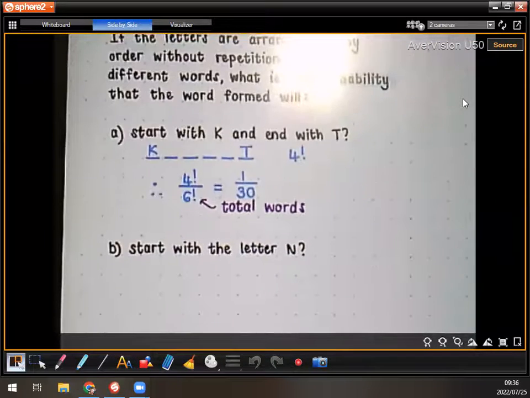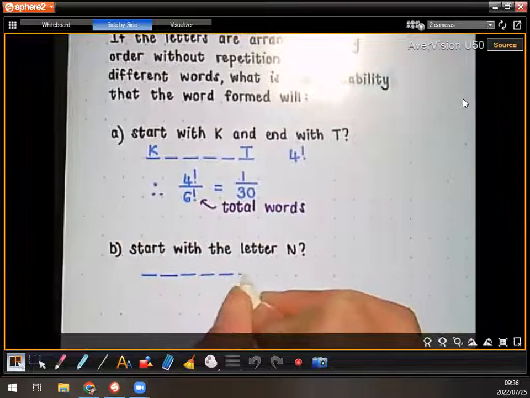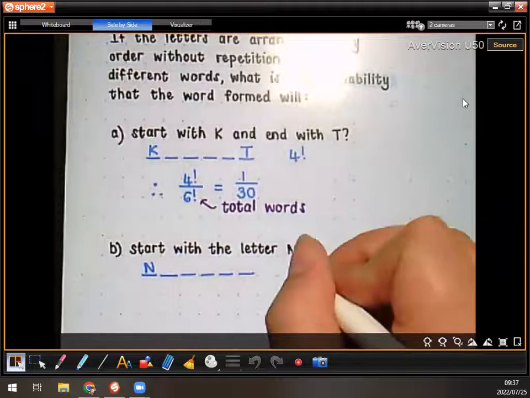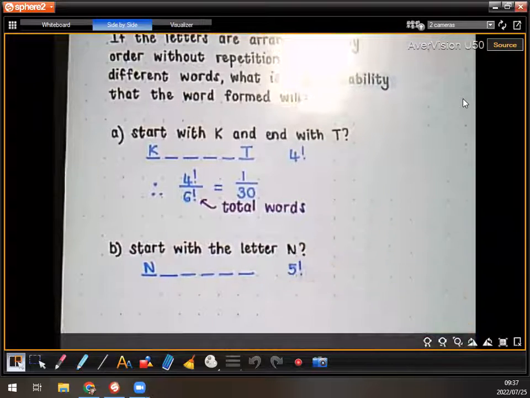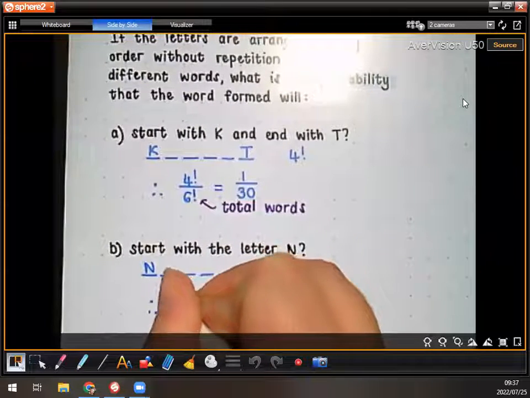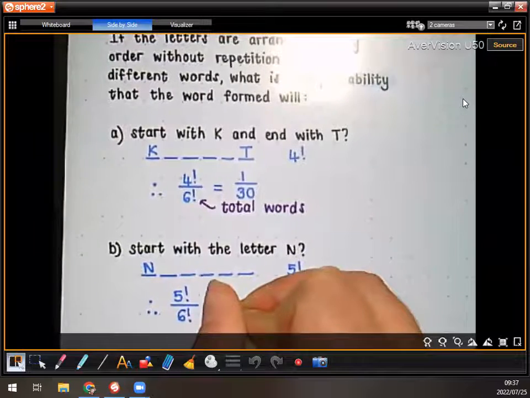Okay, start with the letter N. 1, 2, 3, 4, 5, 6. Start with the letter N. So how many words can I make with the rest of those letters? How many letters are left? 5. So this is going to be 5 factorial. That's the number of words that you can make that start with the letter N. So now the probability is going to be those words divided by the total number of words, which is still 6 factorial, guys.